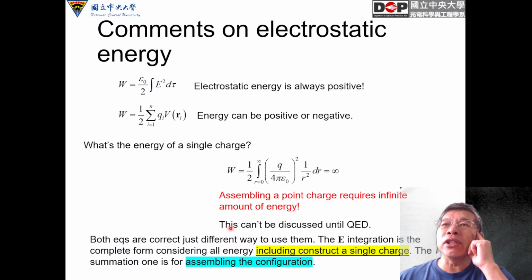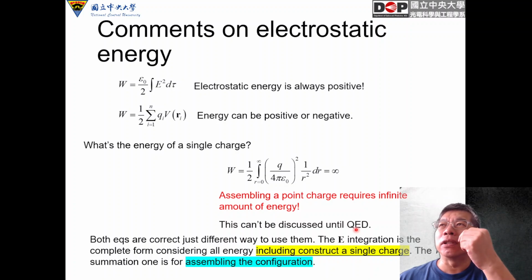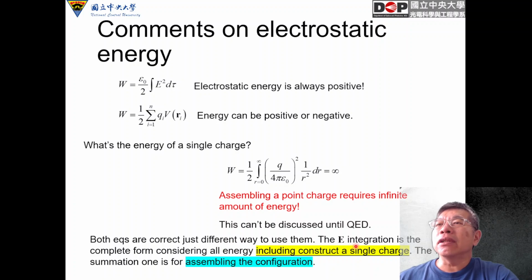This eventually leads to the discussion in quantum electrodynamics, which is way above the topic we are talking about here. Okay, so these equations are correct, just different ways to use them. The electric field integration is the complete form, considering all energy, including constructing a single charge. The potential sum is for assembling the configuration.